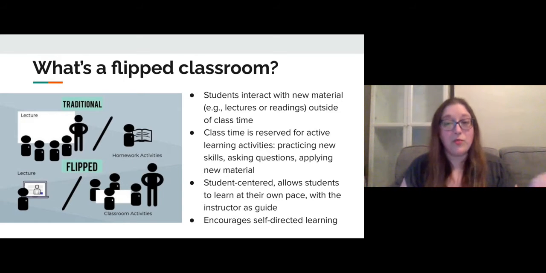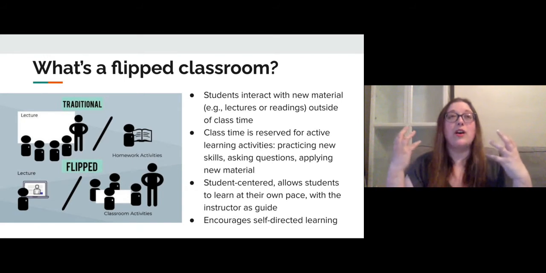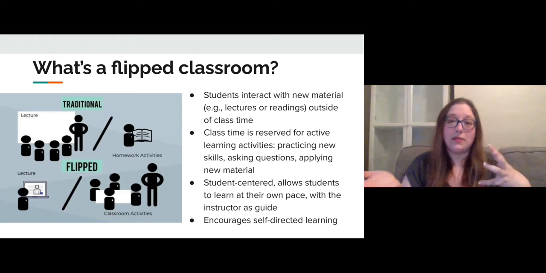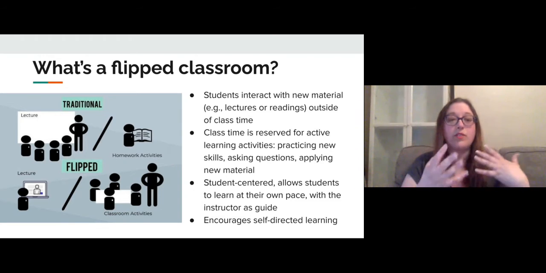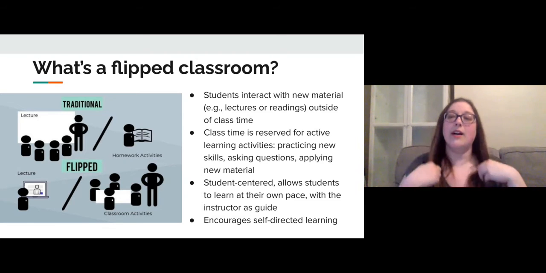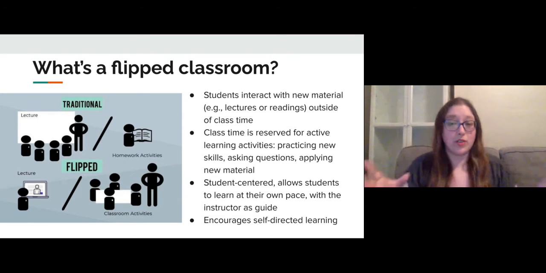The flipped classroom reverses this, right? Those remembering tasks, that kind of absorbing information, those lower order tasks all take place at home, either through a video lecture or through readings or something like that, outside of class, so students are interacting with new material outside of class.